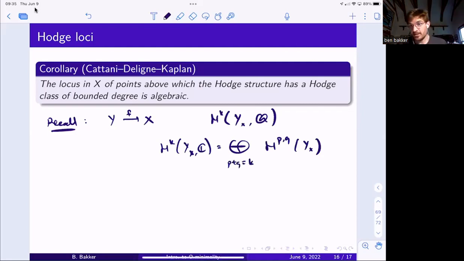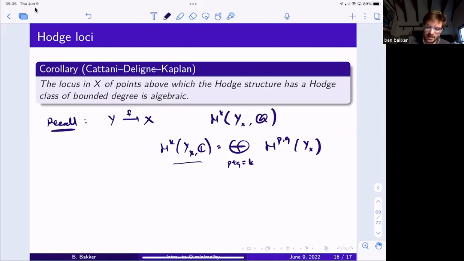Okay. And I'm sure this was said at some point, but where does this come from? Well, this comes from viewing singular cohomology as smooth de Rham cohomology, and then using the fact that any smooth de Rham cohomology class can be uniquely represented by a harmonic form, and that the (p,q) components of harmonic forms are also harmonic.